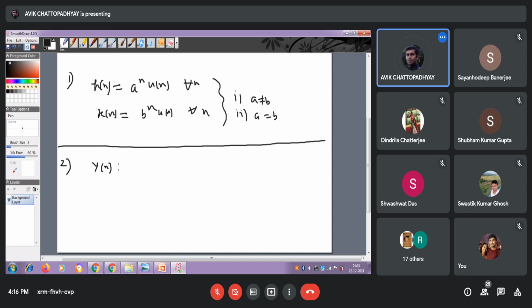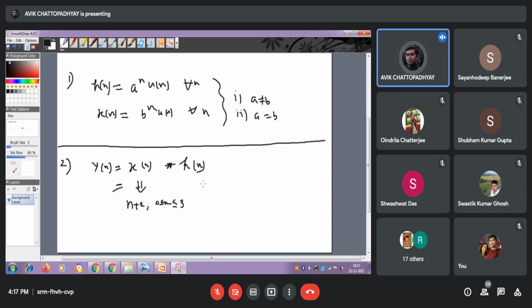y[n] equals x[n] convolved with h[n], where x[n] is, suppose, n plus 2 for 0 less than or equal to n less than or equal to 3.